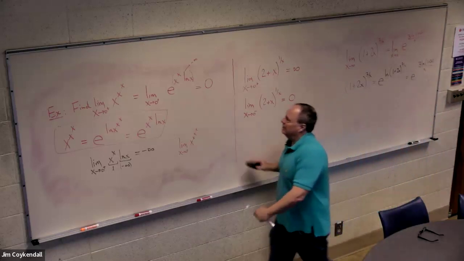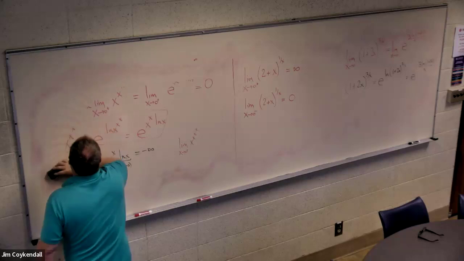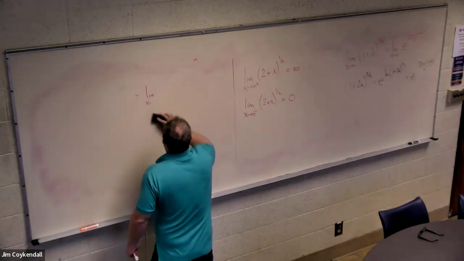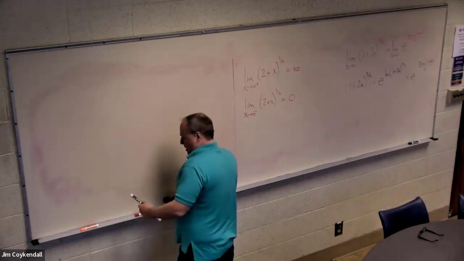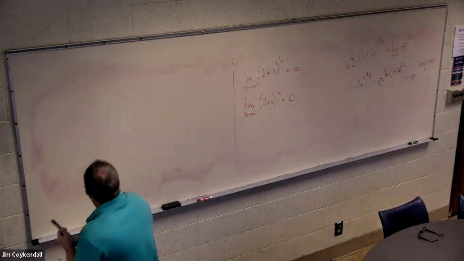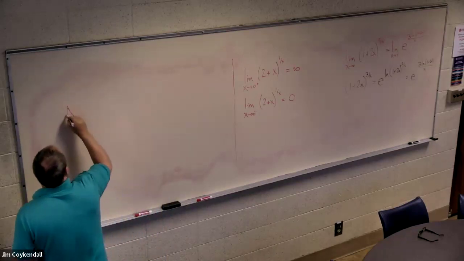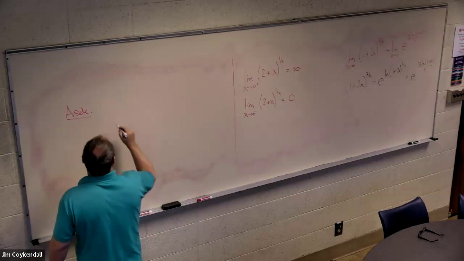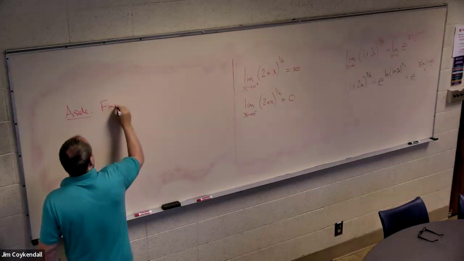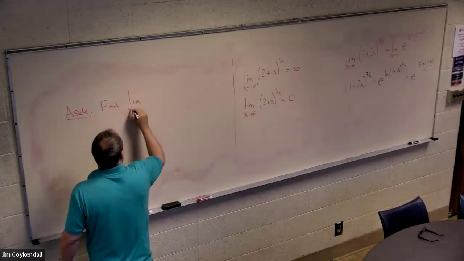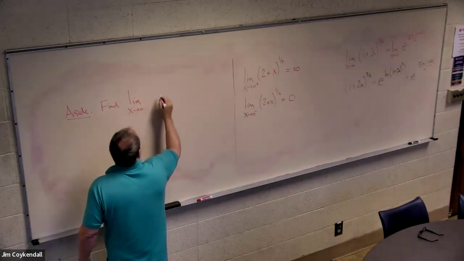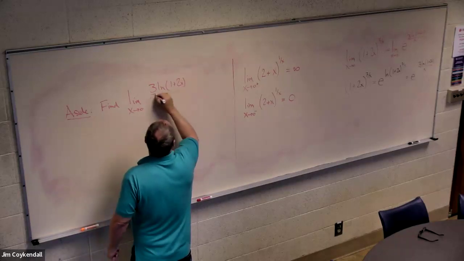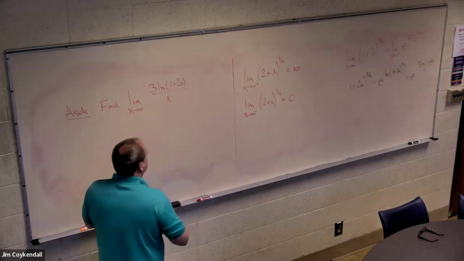To solve this problem, we're going to take a little aside here and find where that exponent is going: 3 log(1 plus 2x) over x.